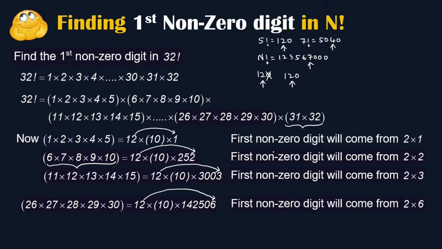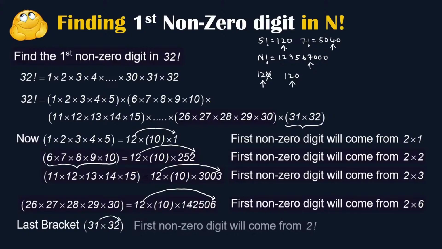Clear? And the last bracket, which consists of only 2 digits, 31 and 32, the first non-zero digit will come from this bracket when 1 is multiplied with 2. That is 1 into 2, which gives us factorial 2.